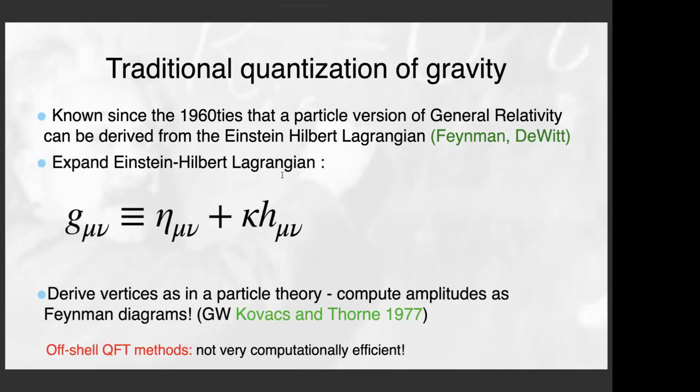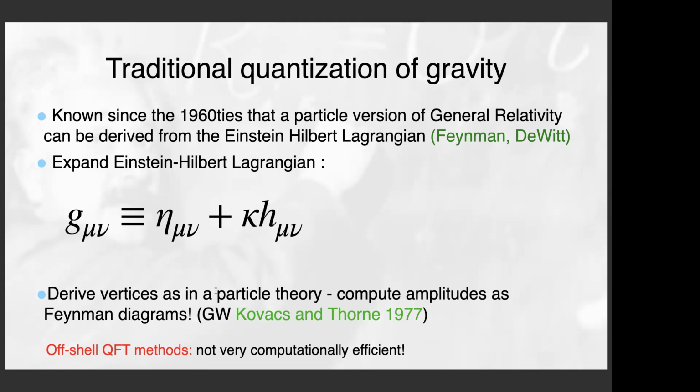They basically just took the Einstein-Hilbert Lagrangian and expanded the metric field. There are various ways you can do this, but you can do it around flat space, and see any quantum extension as this kappa h-bar. And now you can easily, instead of using equations of motion, reformulate this theory in terms of a path integral.